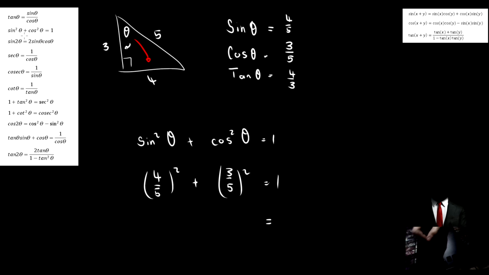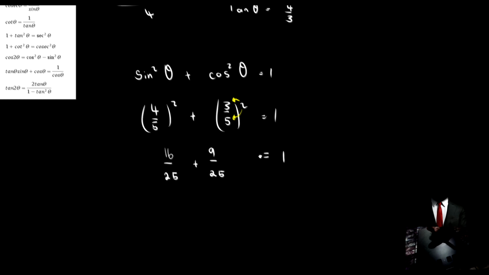Following exponential rules, I know that my exponent needs to multiply with both my numerator and my denominator. Okay? So in this case, we're going to have 4 squared, which is 16, over 5 squared, which is 25, plus 3 squared, which is 9 over 25. So that should be equal to 1.